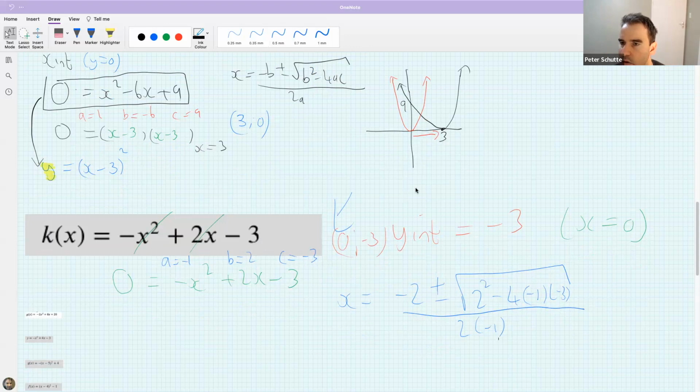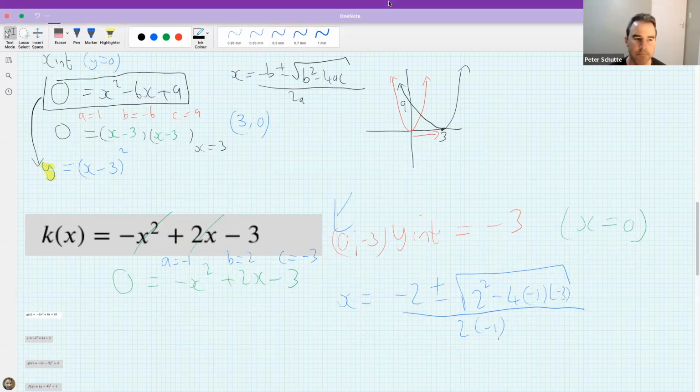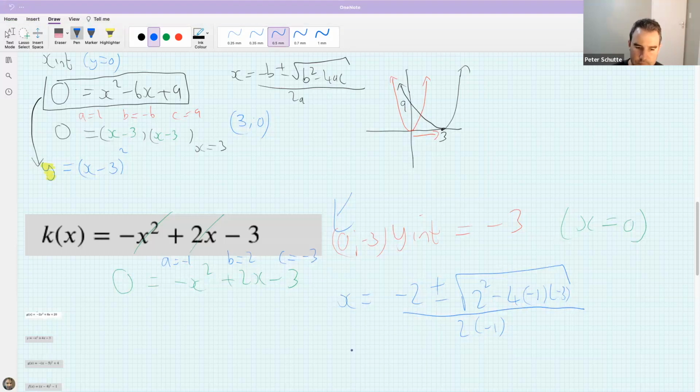Pop it in the chat, or you can put your hand up and you can tell me. I don't mind. Did you get a negative delta here? Maybe there aren't any answers for this one.